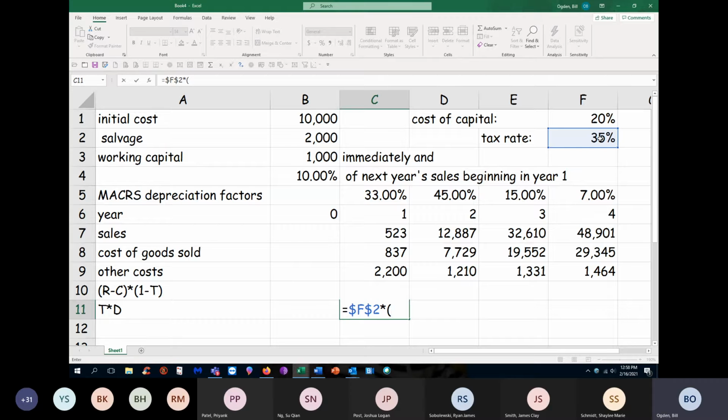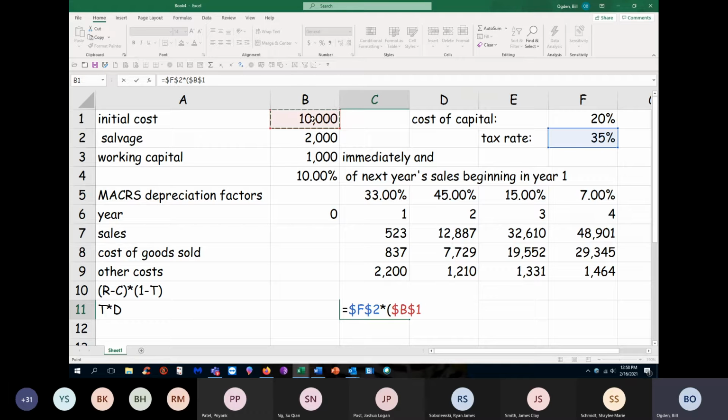We're not getting into these exceptions, so we're going to work as a C corp, and therefore I can only deduct the cost of my capital assets, not the working capital. So I'm going to depreciate just the initial cost, and then I'll lock that.